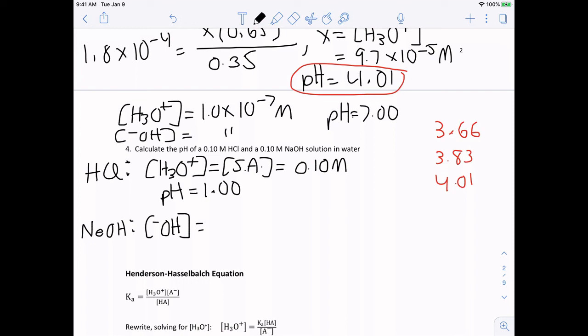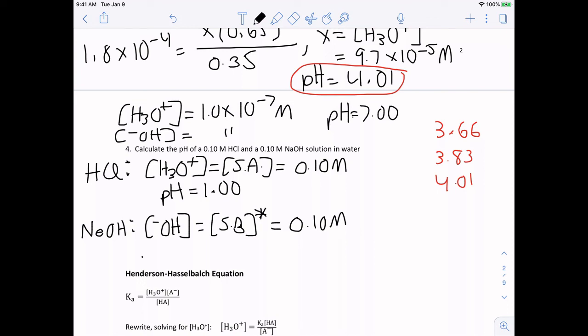Either way, hydroxide is equal to my strong base concentration. I'm going to put a little asterisk on there though. Remember, if it was one of the strong bases where I have 2 hydroxide ions for every 1 cation, then you do have to double it. Since this is sodium hydroxide, I don't have to do that here, but just remember this isn't always necessarily true. So that's going to be 0.10 molar.